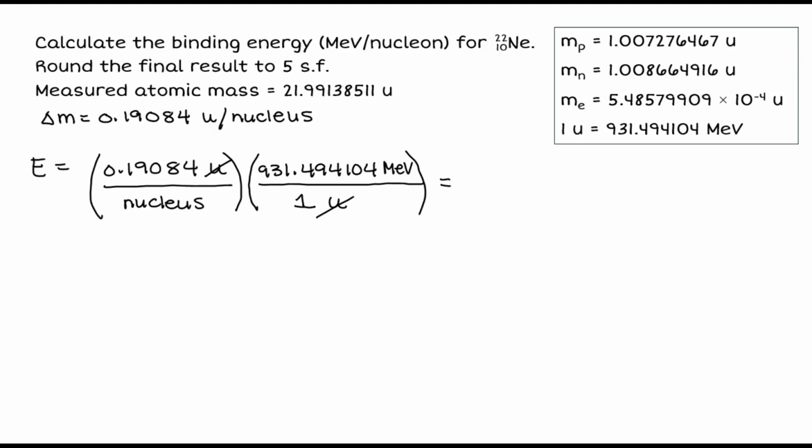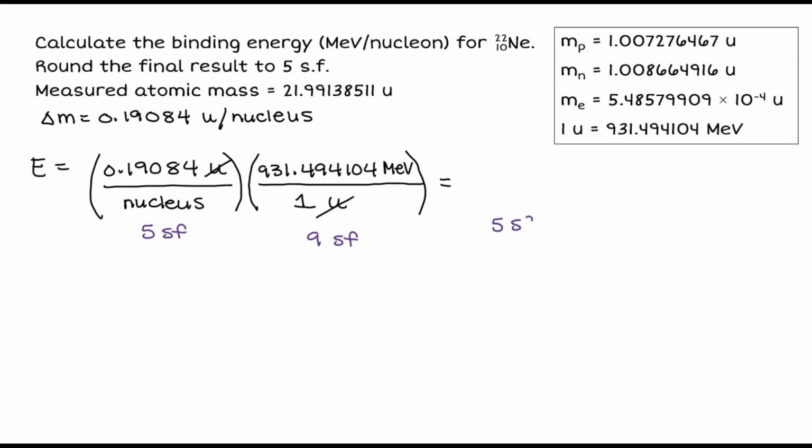Now we rounded our delta M for convenience to 5 sig figs. It's still a measured value and we still have to keep track of our sig figs moving forward. So we have 5 sig figs in the delta M and 9 sig figs in our mass-energy equivalence. It's not exact.